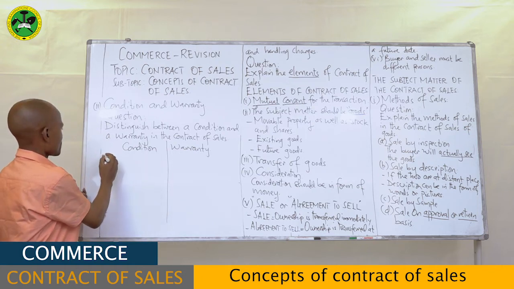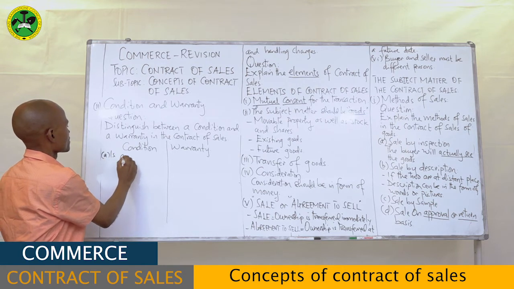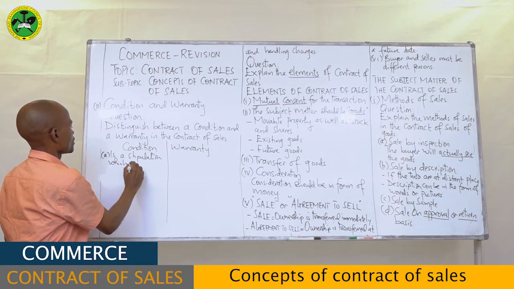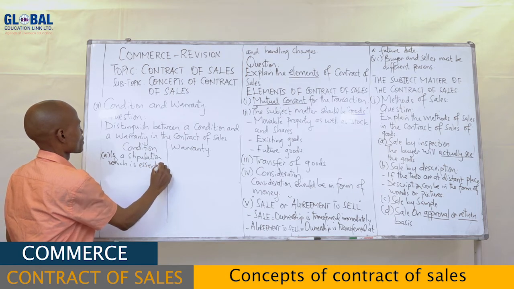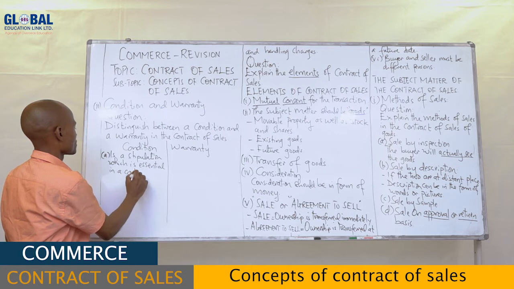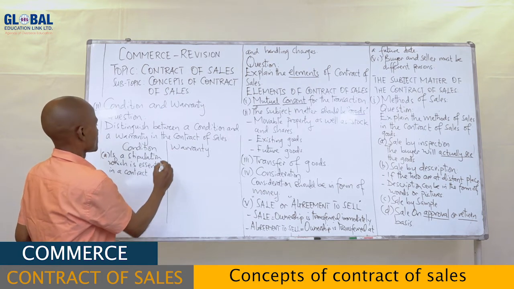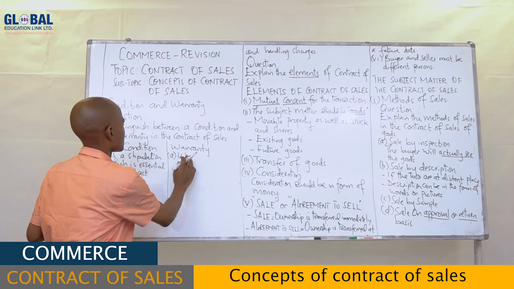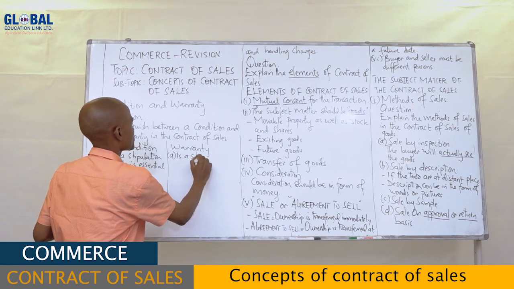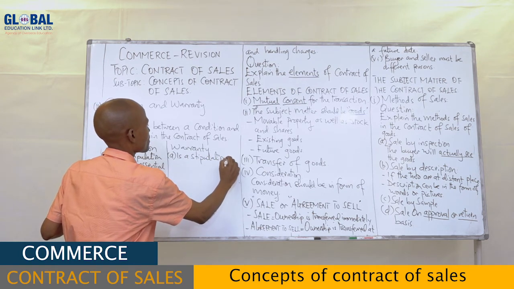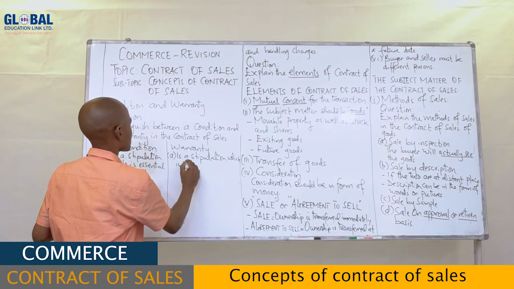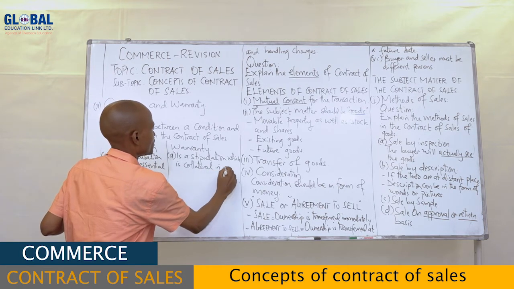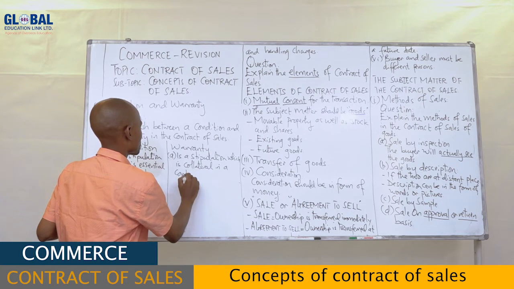So a condition is a stipulation which is essential in a contract, but a warranty is a stipulation which is collateral in a contract.